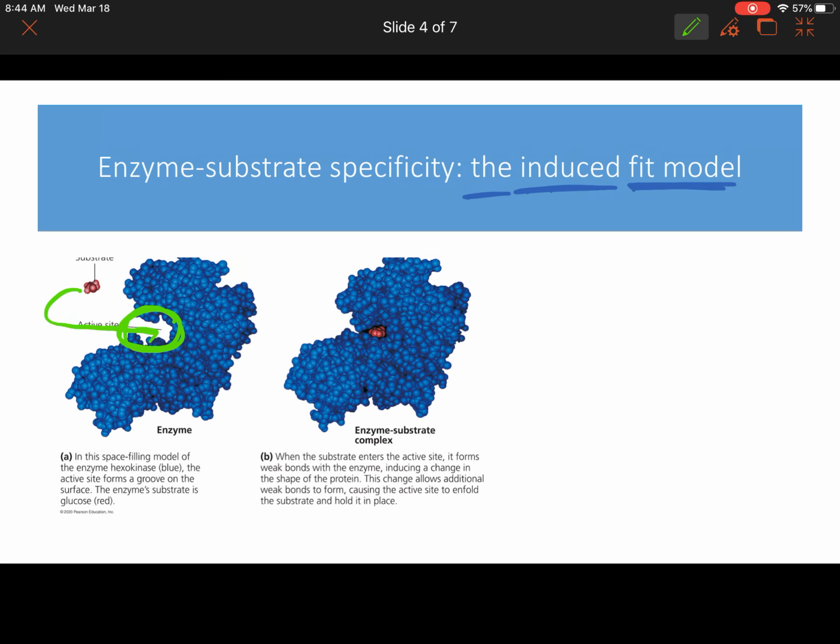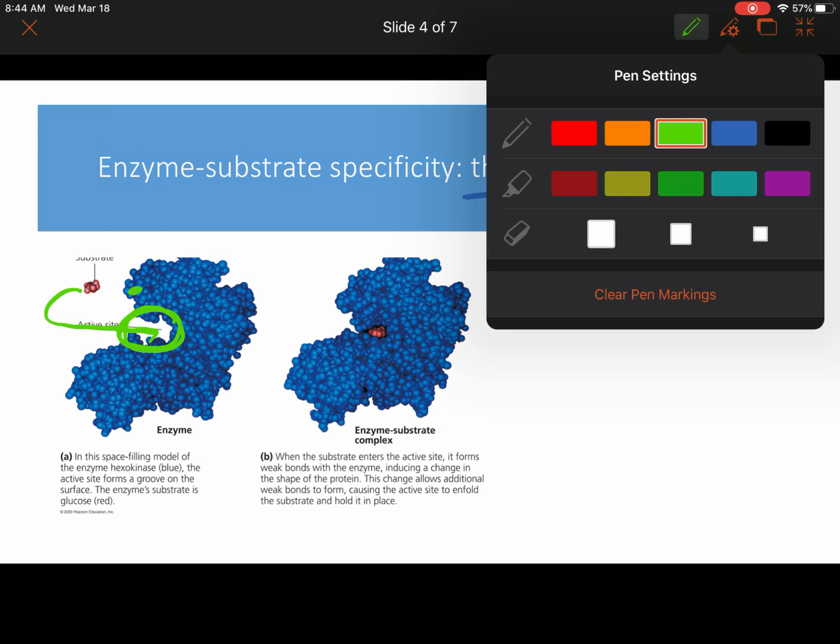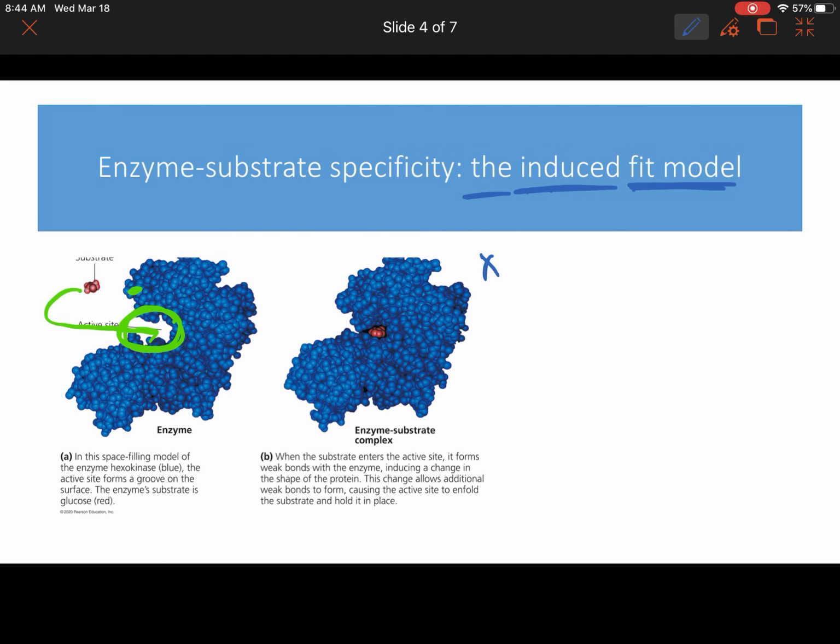Okay, look at like this part of the enzyme right up here, and you compare it over here, it has shifted down. Okay, so the way I like to think about this is that when the substrate binds the enzyme, it basically induces the enzyme to hug it, okay, or snug its fit down around that enzyme. That's really important because that induced fit is what facilitates lowering the activation energy.